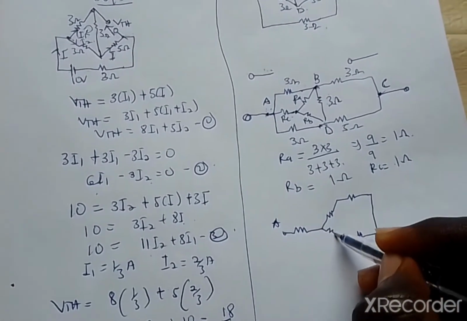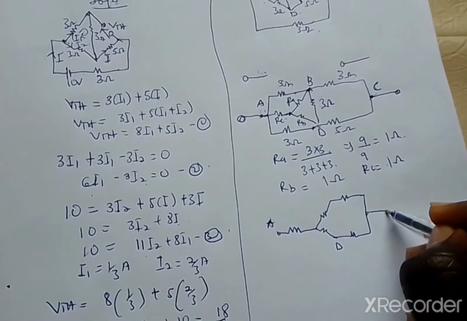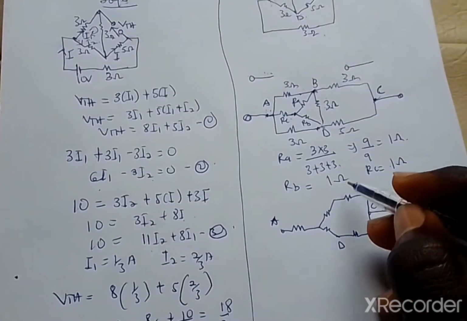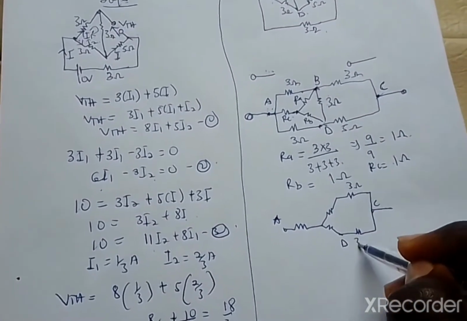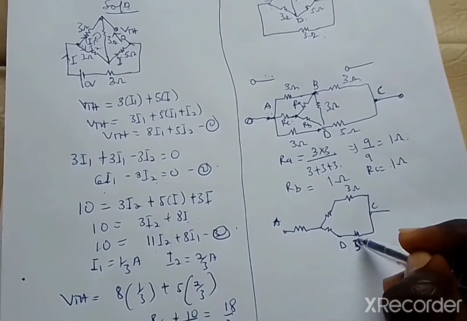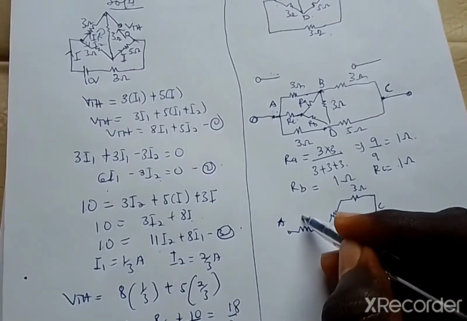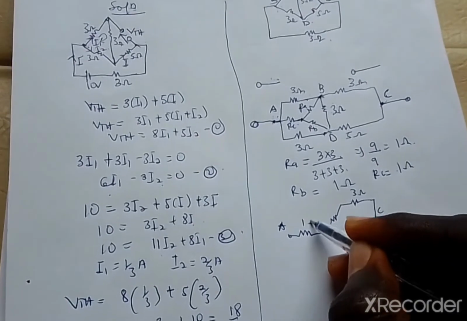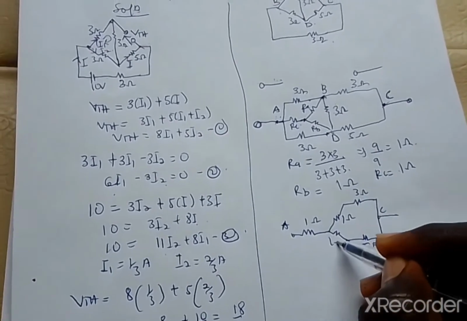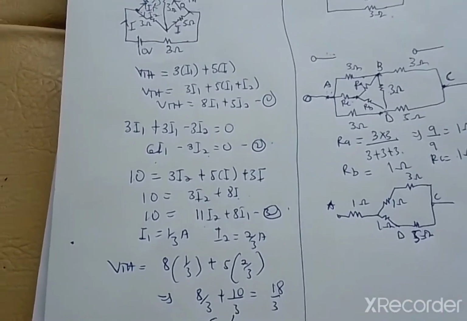Then we have D, then here will be our C, and here will be our 3 ohm, 5 ohm, then here is going to be 1 ohm, 1 ohm, and 1 ohm, nicely.